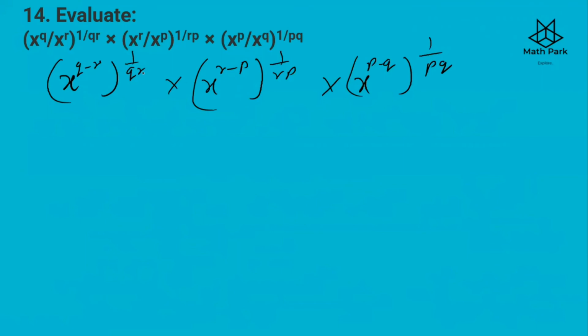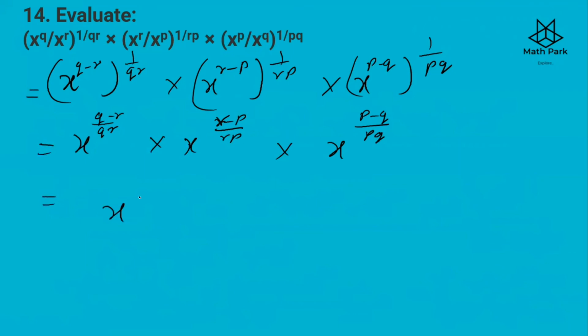So a raised to m raised to n is equal to a raised to mn. So we get x raised to q minus r upon qr into x raised to r minus p upon rp into x raised to p minus q upon pq. All the bases are same, so we add the indices.